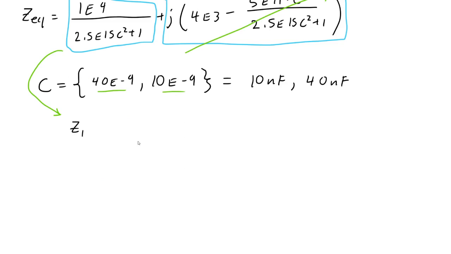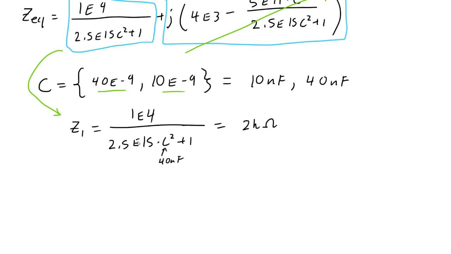It'll be the impedance for a 40 nanofarad capacitor, so 1E4 divided by 2.5E15 C squared plus 1. Plug that into a calculator with this being 40 nanofarad. Going to get 2 kiloohms with a phase angle of 0, which we expect. So we could just say 2 kiloohms.